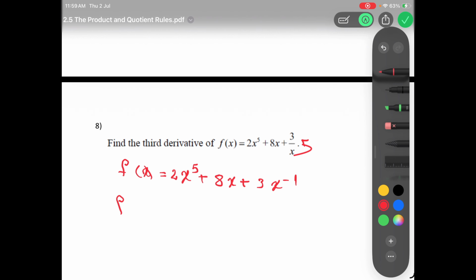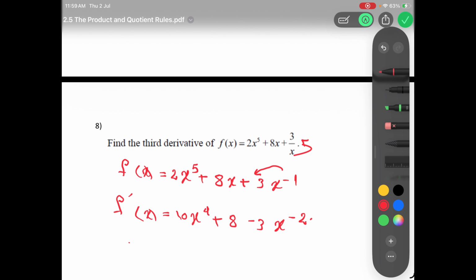Then you can find f prime of x, which is 10x to the power 4 plus 8. Then you multiply this by this, so it will be minus 3, minus 3x to the power of minus 2.